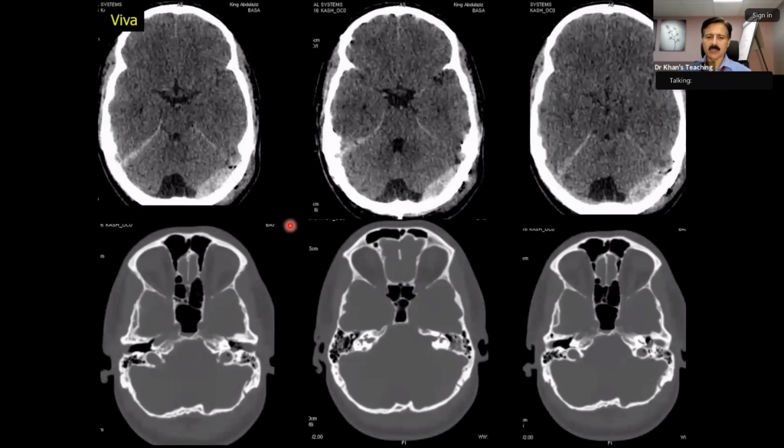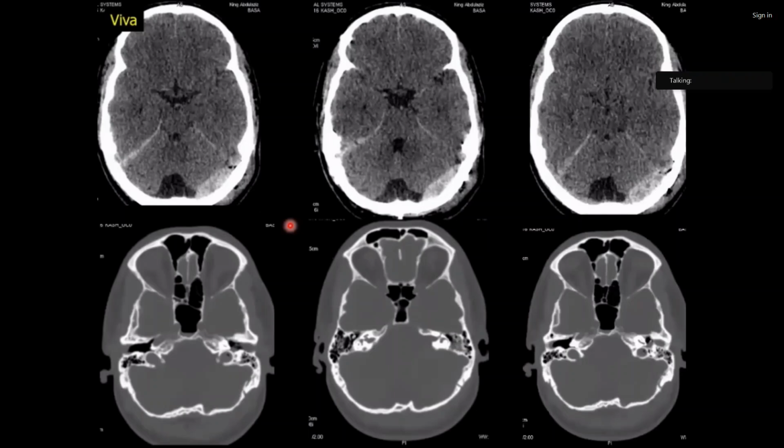Okay? This is your last case, and candidate 7 should be ready then. So there is an acute subdural hematoma in the left occipital region, in the region of left posterior fossa, abutting left cerebellar peduncle.